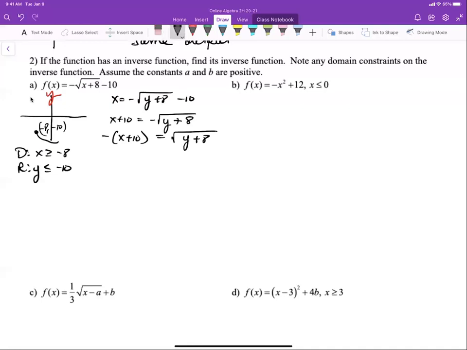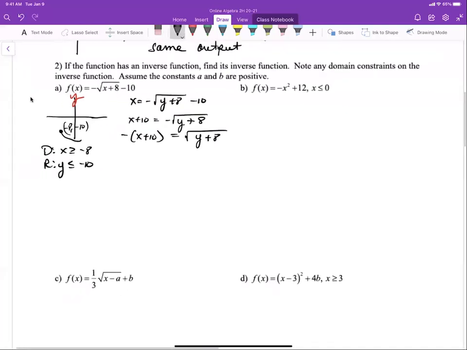Now I need to square both sides to undo the radical sign. And on the left side, negative squared is a positive, and then I have left x plus 10 squared. And then I get y plus 8 on the right. I need to subtract 8, and I will find y to be equal to x plus 10 squared minus 8.